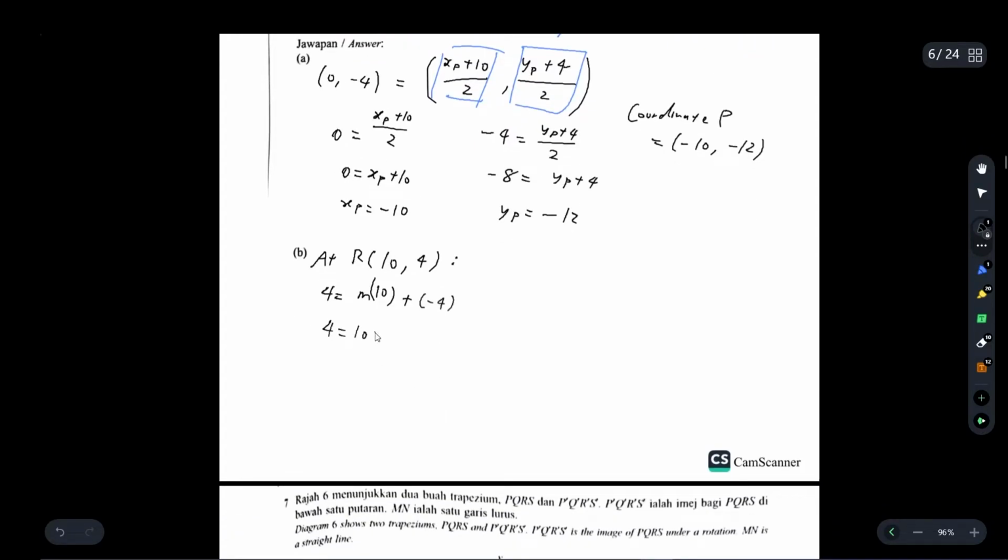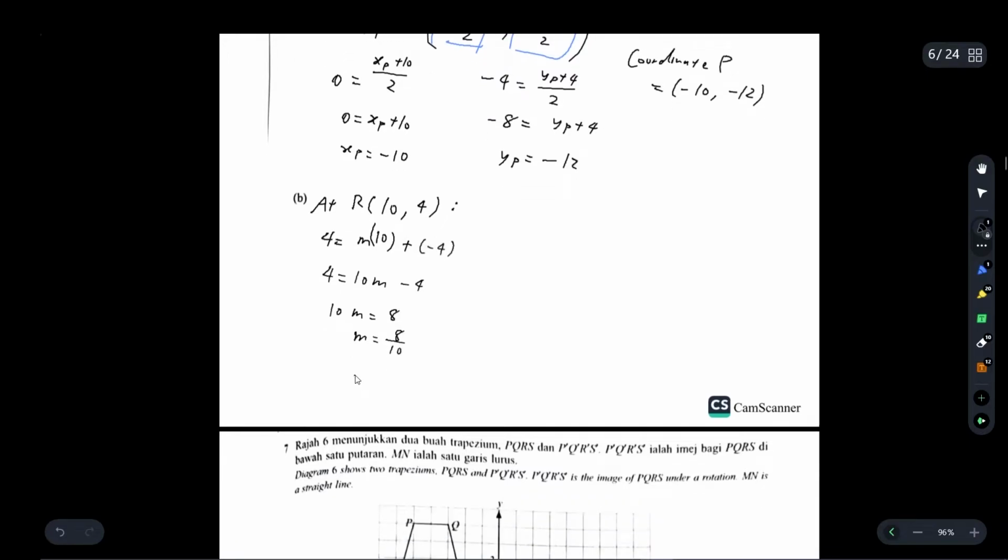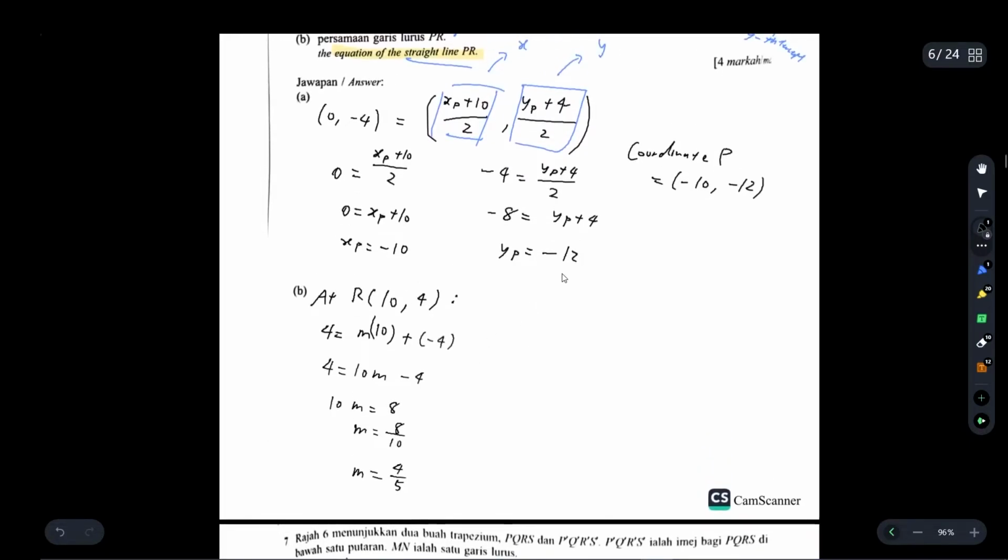So 4 equals 10m minus 4. 10m equals 4 plus 4, that gives us 8, and m equals 8 divided by 10. After simplifying, we should have 4 over 5. That's the gradient of the PR.